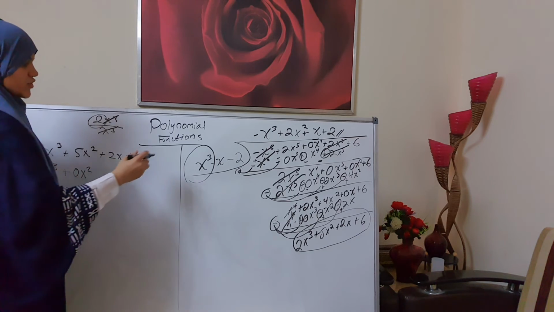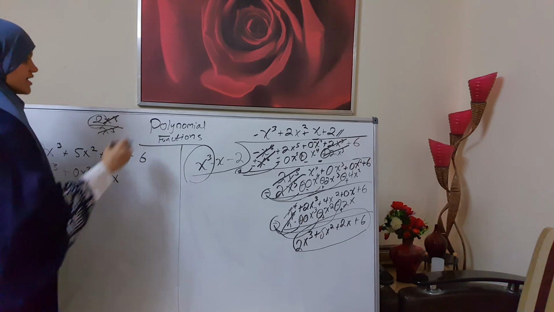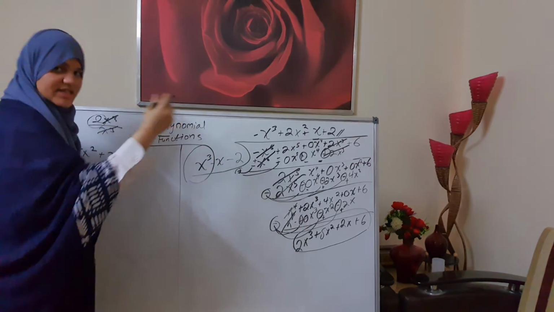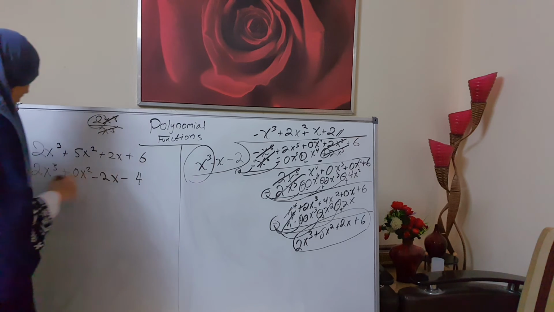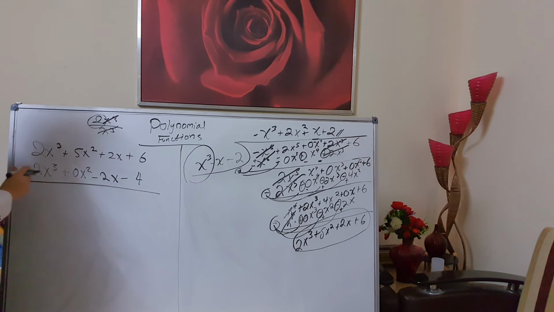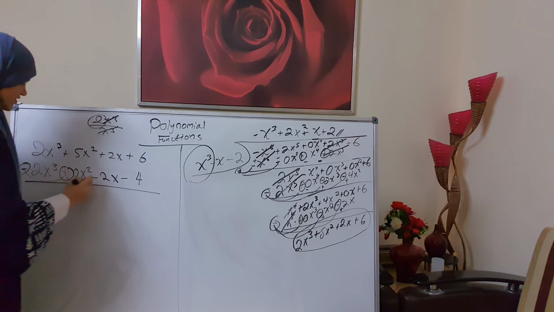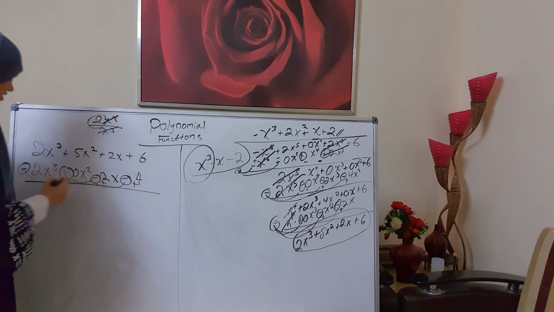Then 2 times negative 2 is equal to what? Negative 4, right? So when you subtract, we have already negative outside. This negative will be times positive, times negative, and also times negative. Here it will be positive, positive, and here it will be negative.